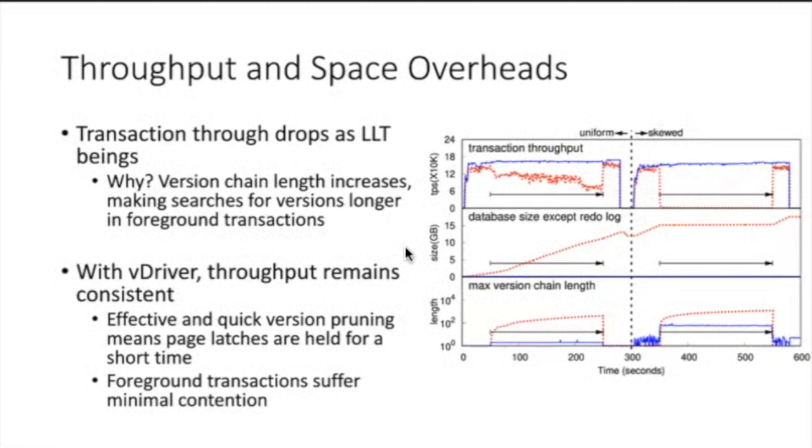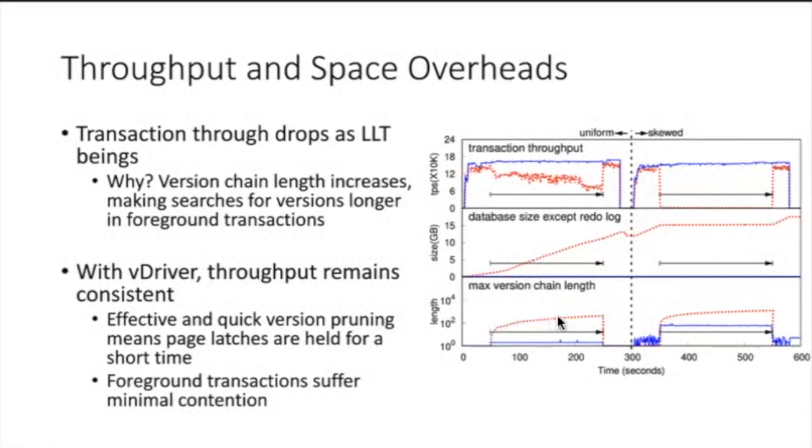So why is this? If we can really quickly and accurately remove old versions from the store, the amount of time we have to hold the lock on a page reduces. If we look at the bottom part here, we have the maximum chain length of any version of a pair or an item in the store, and it's in log scale, by the way.